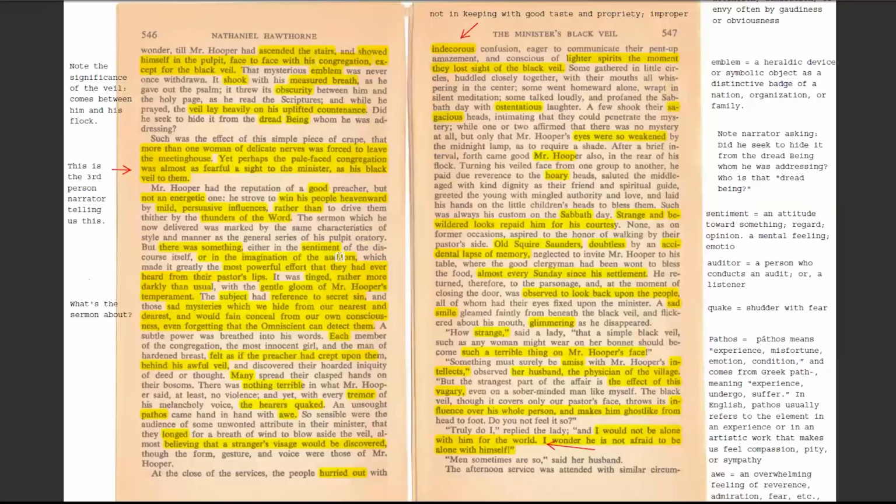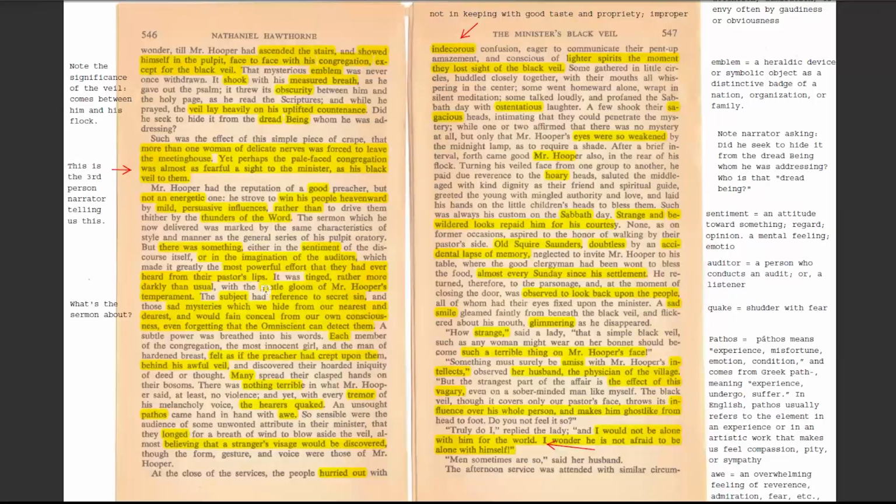The listeners, the people, his flock. Something in their imagination made that sermon greatly the most powerful effort that they had ever heard from the pastor's lips. It's so interesting what people interpret from people. He's been a mild-mannered pastor, but suddenly this sermon is the most powerful they've ever heard from him, whether it was coming from their imagination or the sentiment itself.